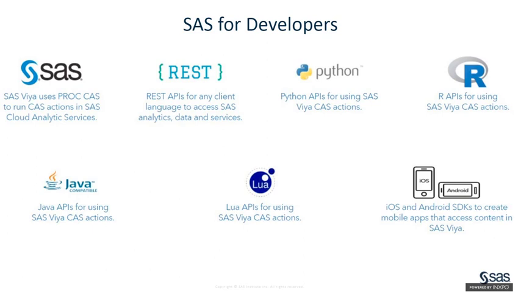Some examples of that are Python, Java, and REST, using a REST API to directly talk to the CAS engine, which is the heart of SAS Viya. With REST you're able to use pretty much any modern language, even if we haven't developed a direct API to it.